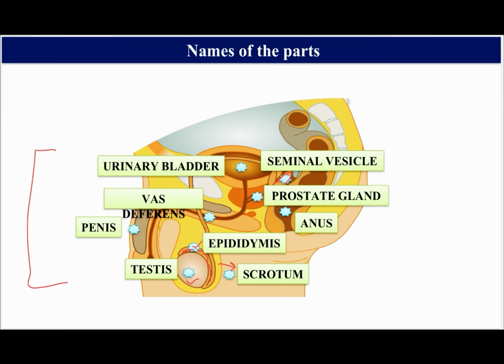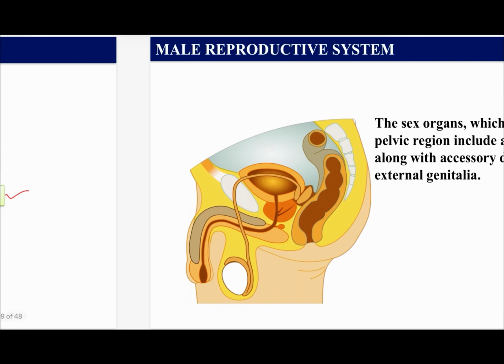This portion is the seminal vesicle. This portion below the urinary bladder is the prostate gland, at the back side is the anus, and at the front side is the penis. We will go through each part in later slides.